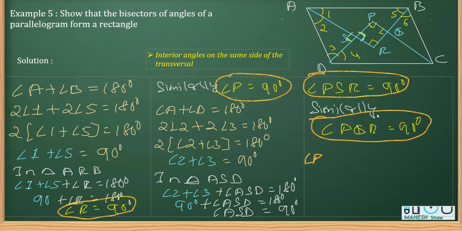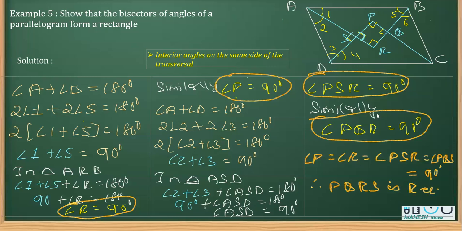Angle P is equal to angle R, which is equal to angle PSR, and that is equal to angle PQR. And they are all equal to 90 degree. Therefore, PQRS is a rectangle. So this is how this question can be done by proving all 4 angles as 90 degree.